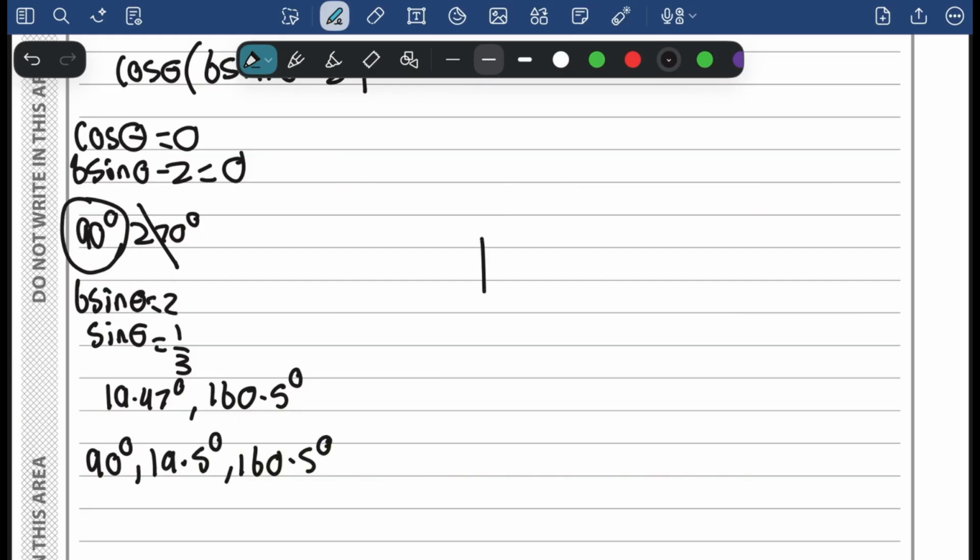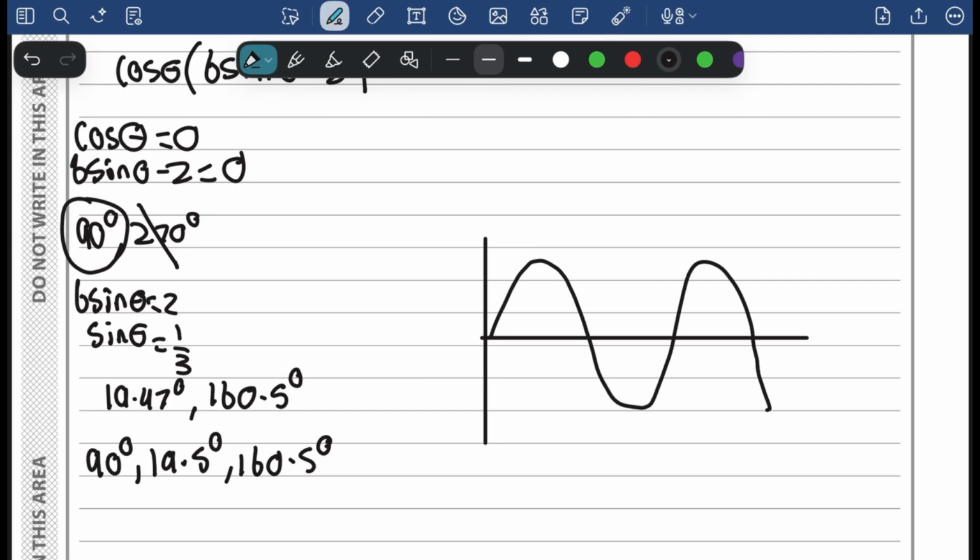And now just to explain the sine graph, because it can be a bit confusing. Draw a nice little sine graph. We're told that sine theta is a third, right? So if we move along and draw a straight line, this is not exactly where a third is, but we're just assuming it's around it.